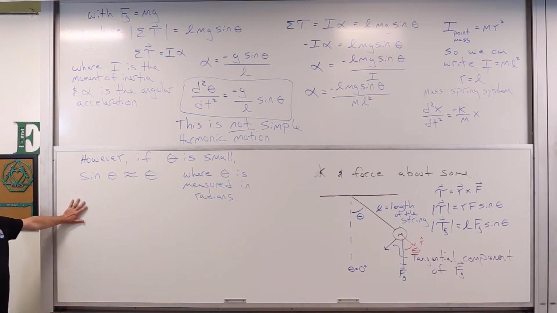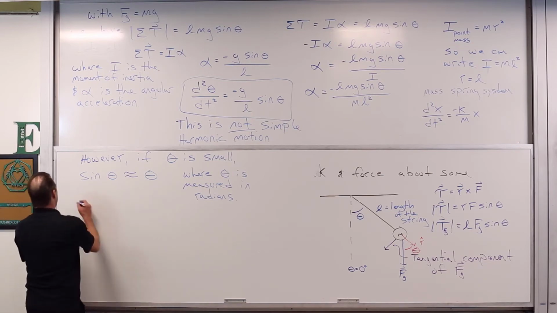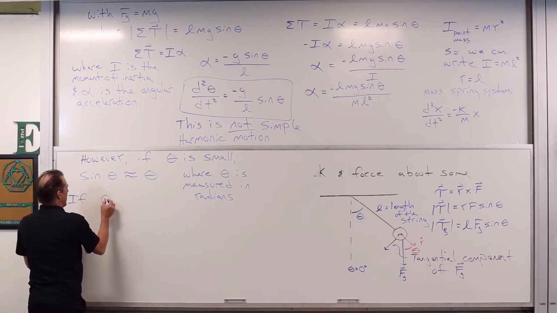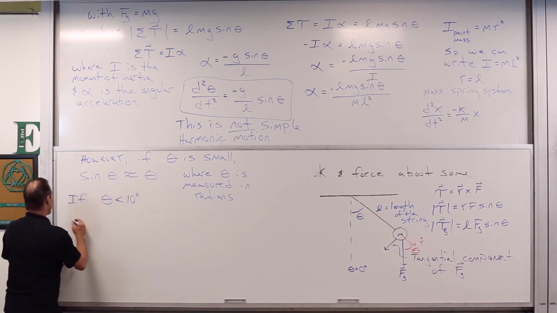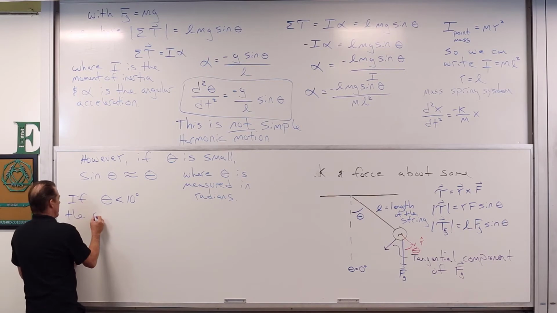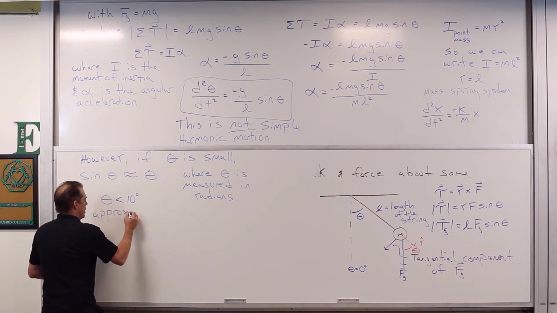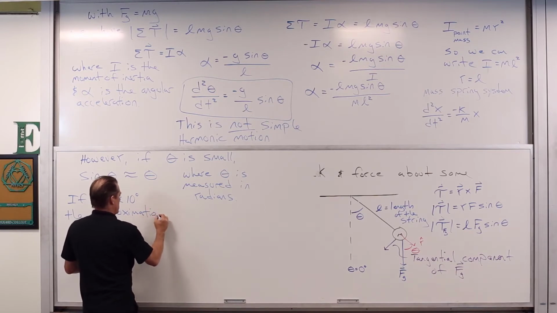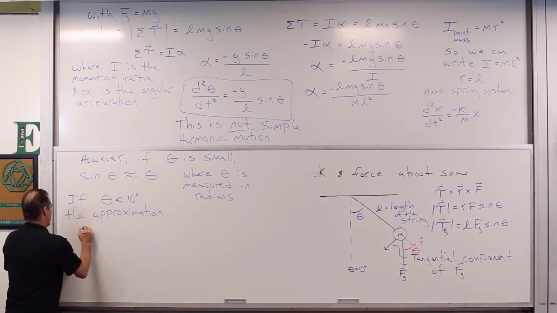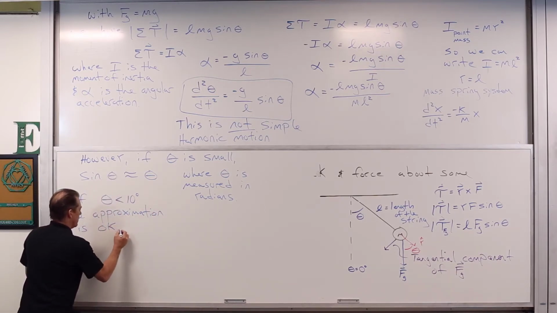So how small does it have to be? Well, there's a general rule that we kind of use. If theta is less than 10 degrees, the approximation is okay.